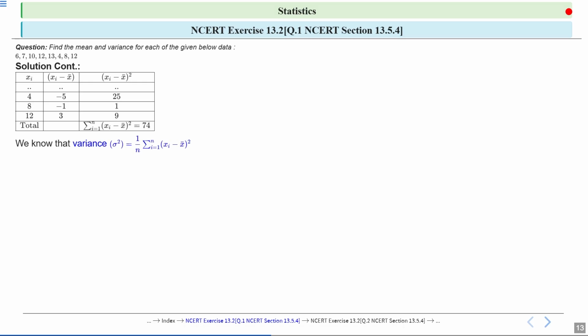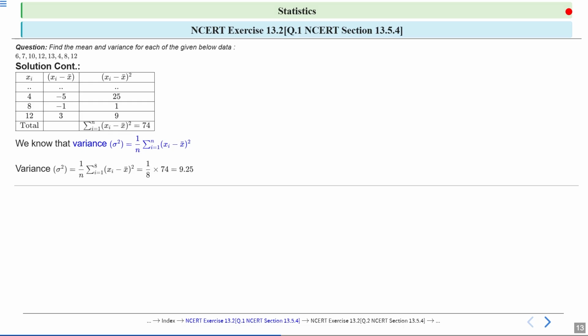Let's recall the formula for variance. The formula for variance is sigma squared equals 1 divided by n times the sum of xi minus x bar whole squared from i equal to 1 to n. Here n is the total number of data points and x bar is the mean. So let's substitute our values into the formula.